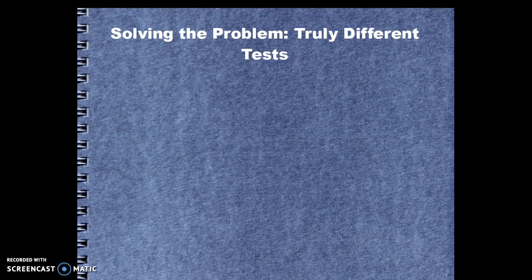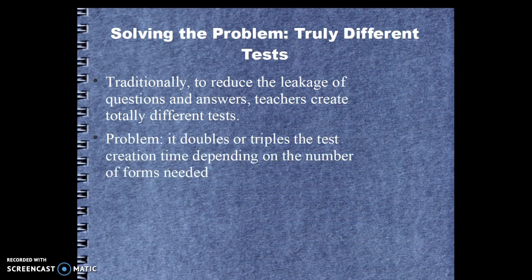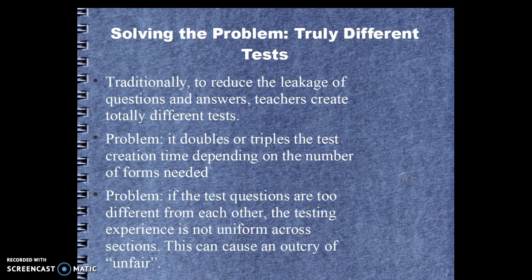To solve the problem, create different tests. Traditionally, teachers will create totally different tests to reduce the leakage of questions and answers. The problem there, of course, is it doubles or triples the test creation time depending on how many types of forms you need.